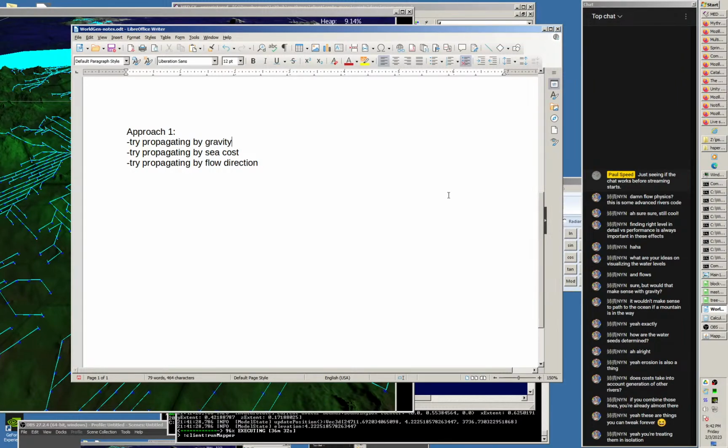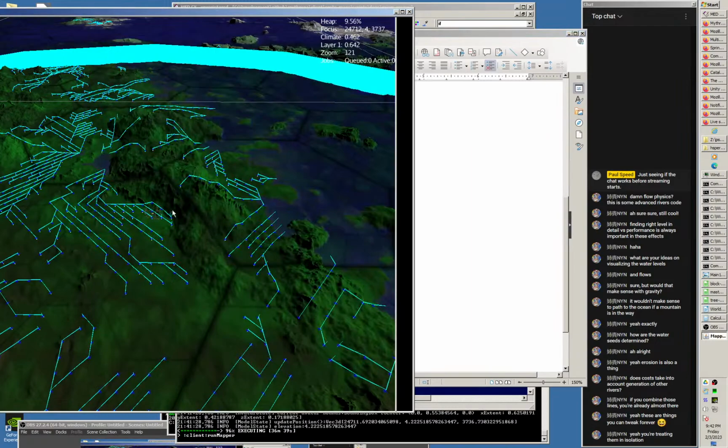Either you're still evaluating each cell on its own for each of these things, so this cell would try gravity first, and then this cell would try whatever first.